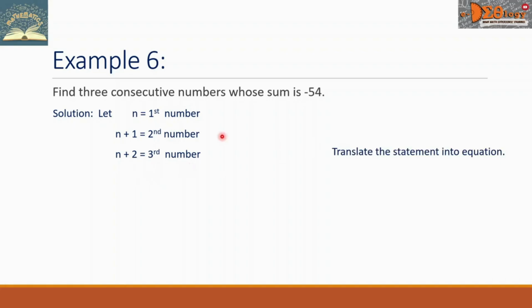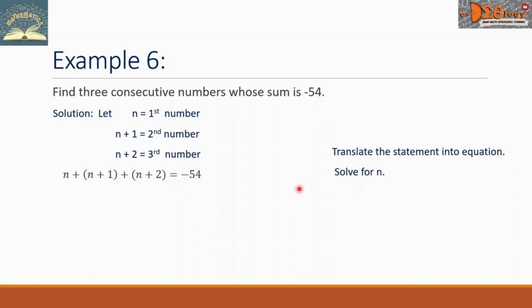And then we translate the statement into an equation. It says here the sum, which means we're going to add the three numbers. So we have n, the first number, plus the second number, n plus 1, plus the third number, n plus 2. And the total is negative 54.